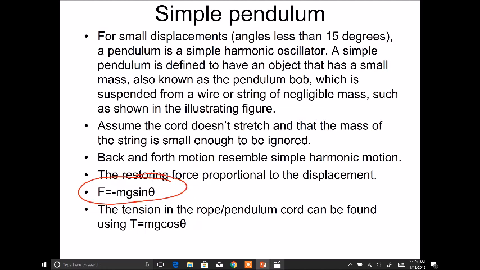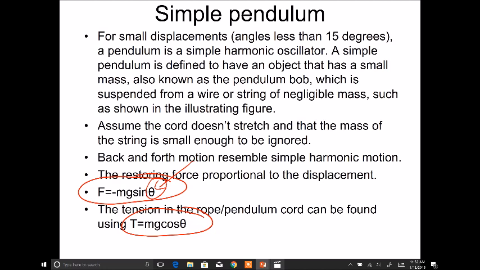It's equal to negative m, the mass, times g times the sine of theta, where theta is the angular displacement away from the vertical. We'll see how that works in a minute. We can also calculate the tension in the string using this equation: tension equals mass times acceleration due to gravity times the cosine of that angular displacement away from the vertical.